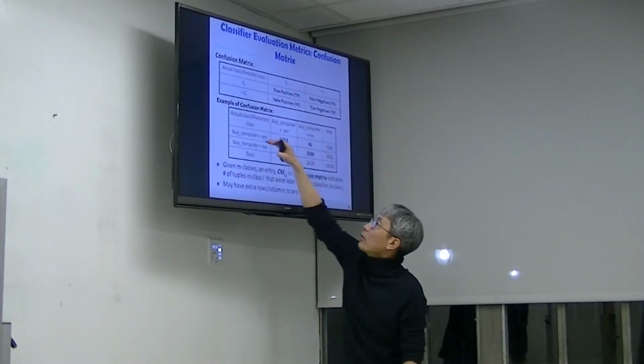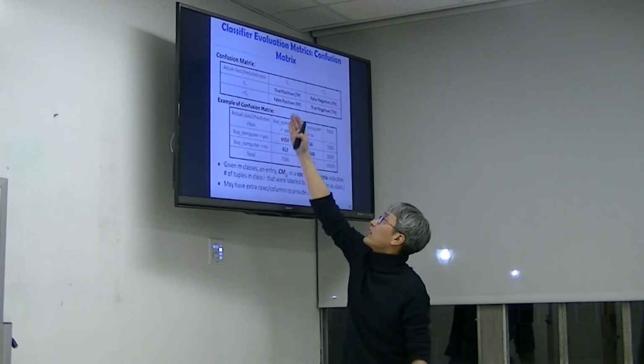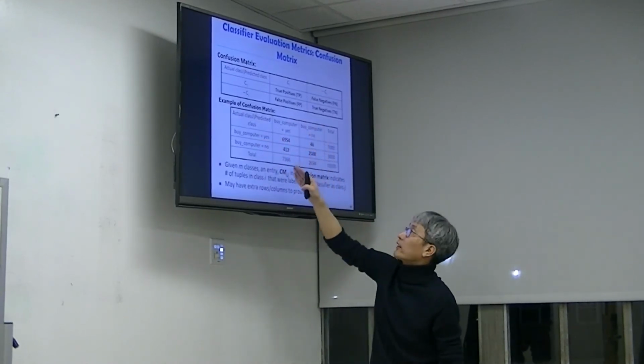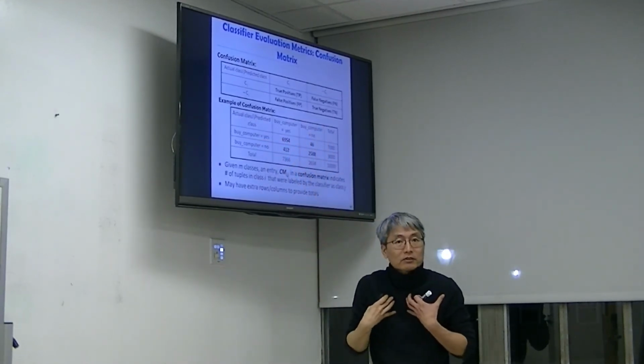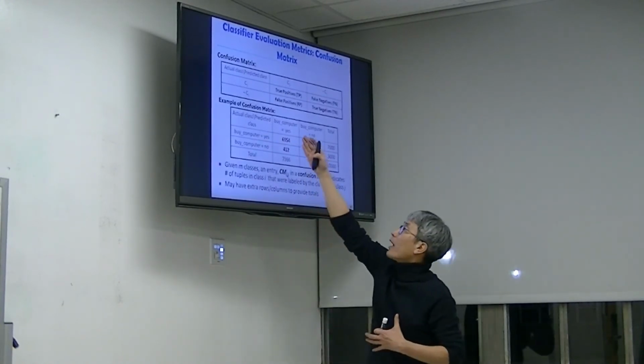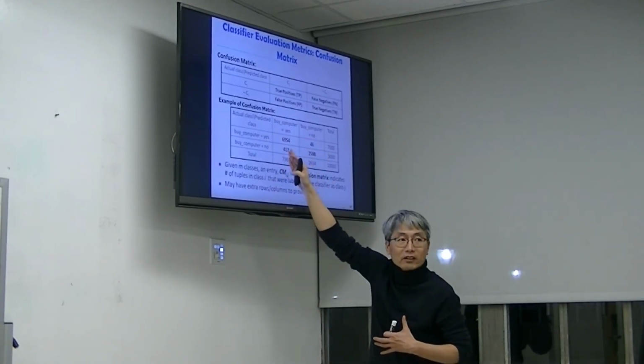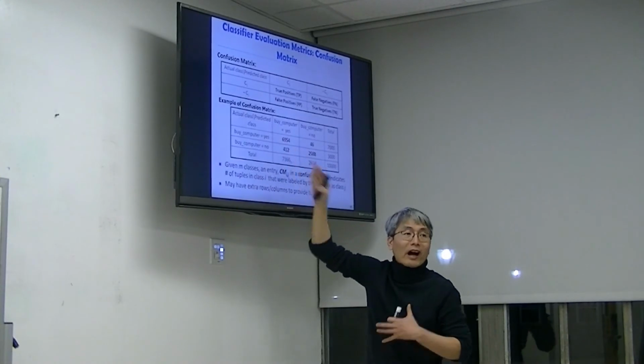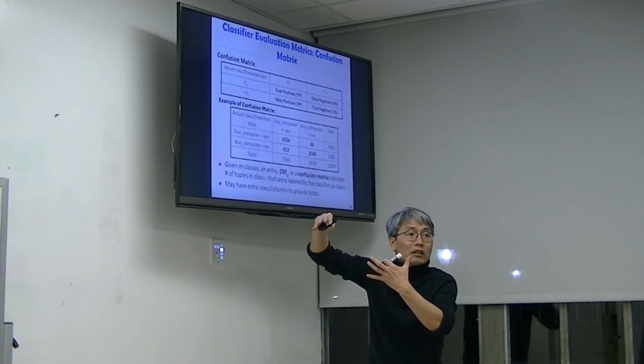Okay, so this one is the real case. This one is the prediction. So my algorithm, decision tree or whatever, predicts 73% buy by computer.